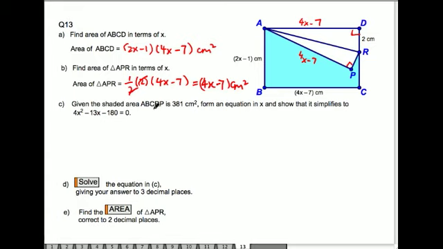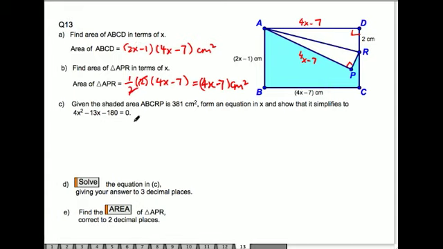We were told that the shaded area here is 381 cm squared. To get this area, it is just the whole rectangle minus the two triangles.